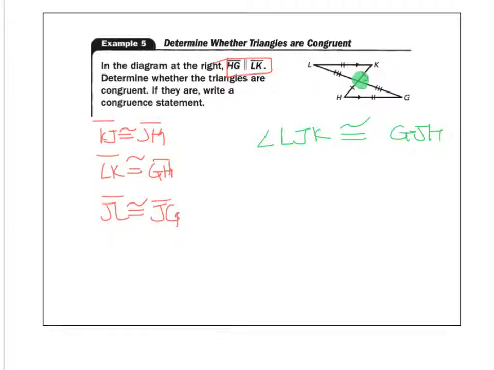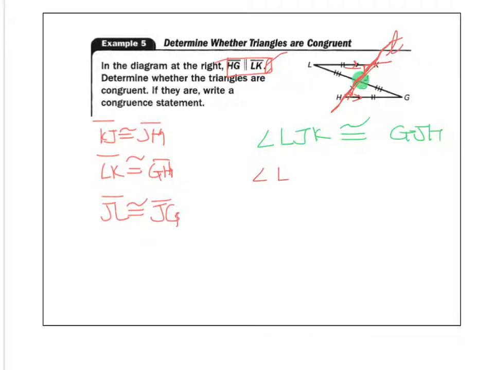So that's one pair. Also notice that this is where this information comes in. These two lines are parallel, and you can use HK as a transversal. And when two parallel lines are cut by a transversal, the alternate interior angles should be congruent.